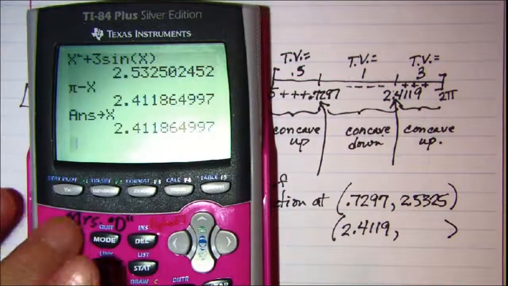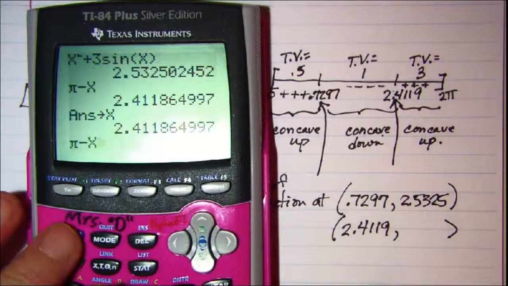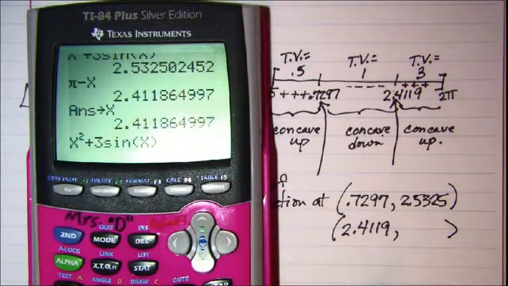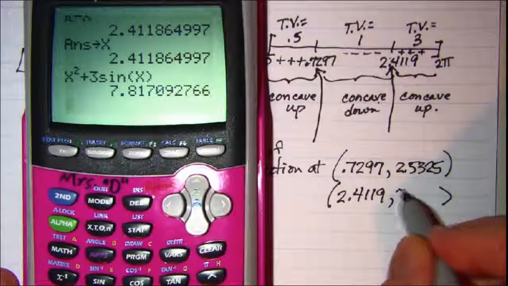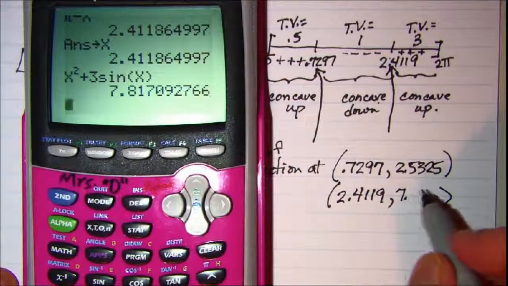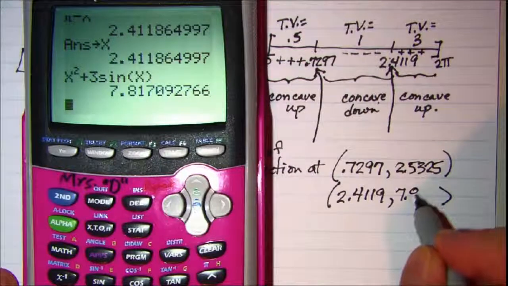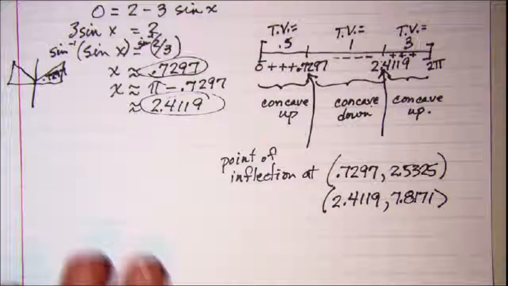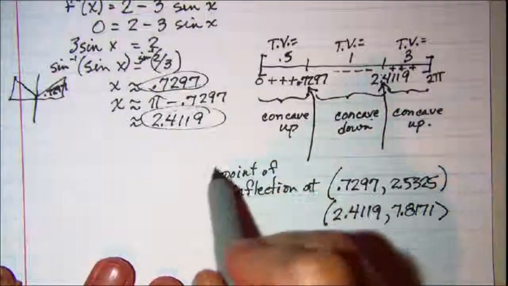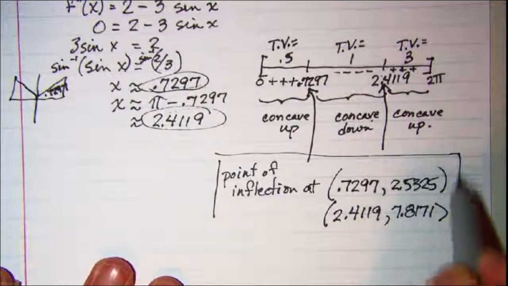And then find out what my function is. So 7.8171. So these are my points of inflection.